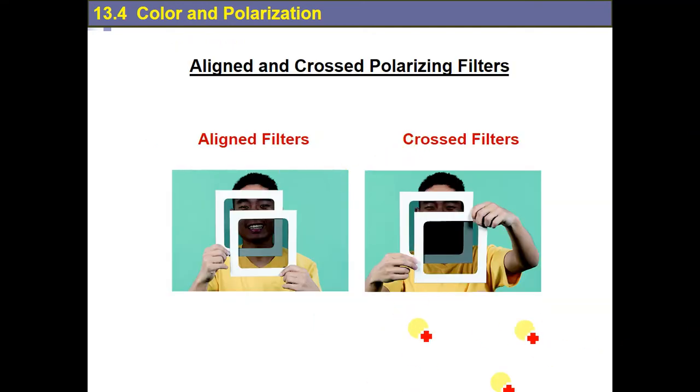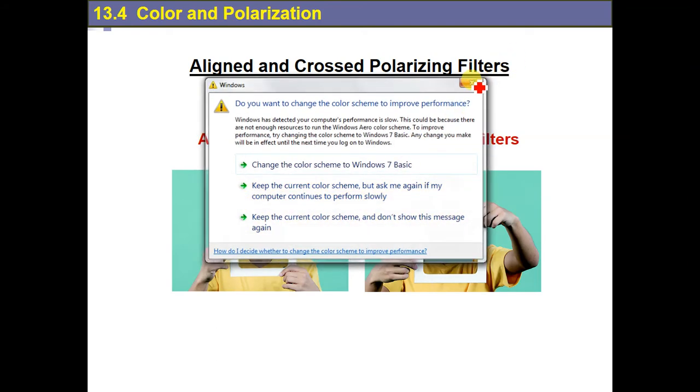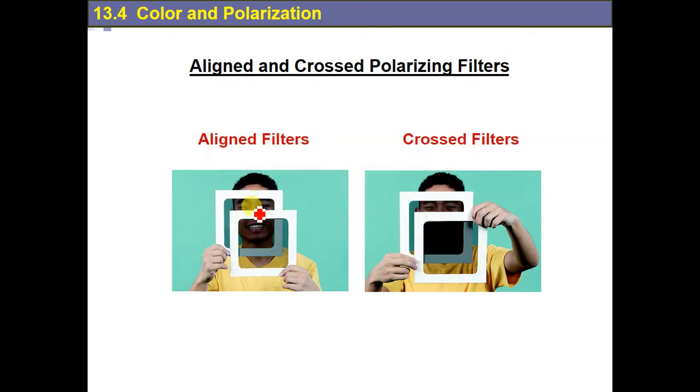You also have this example in your book. Here you have two filters, just parallel to each other. The light will pass through the first one and be polarized, but since the transmission axis of the second is parallel to the first, the polarized light will pass normally.